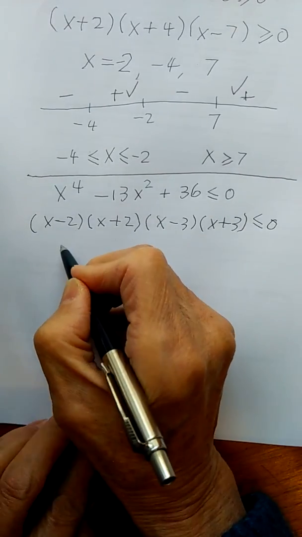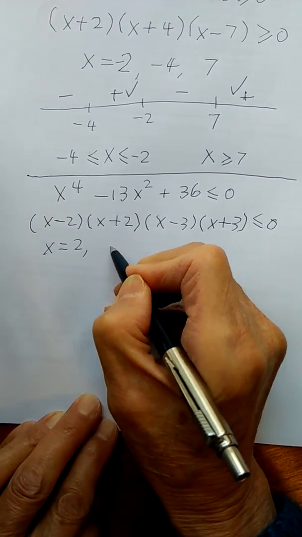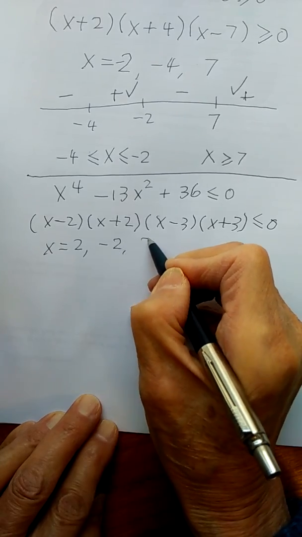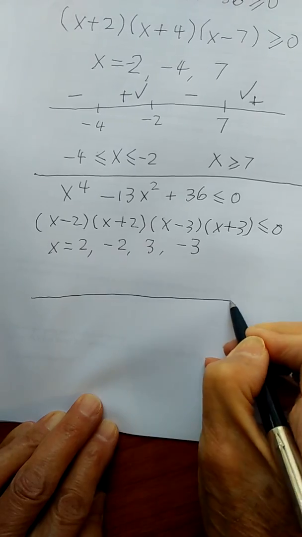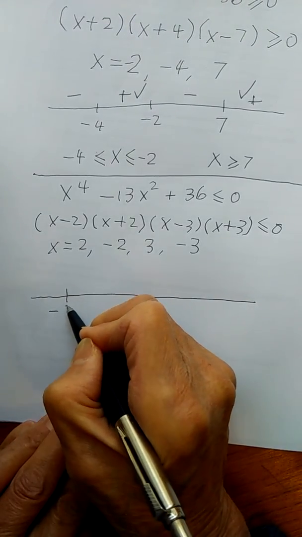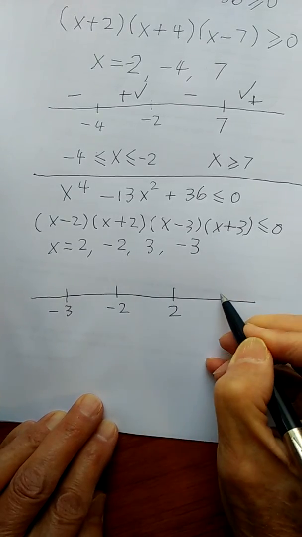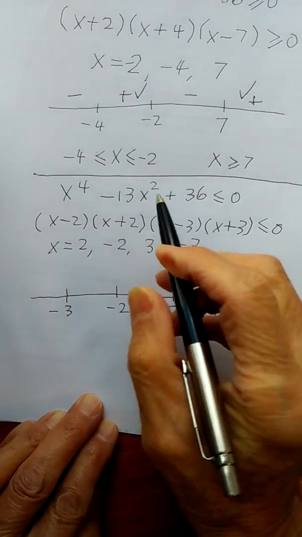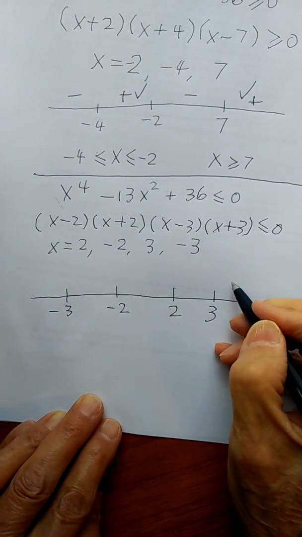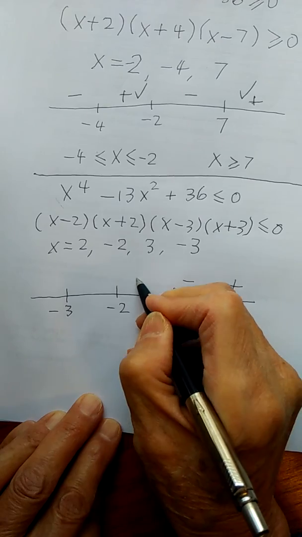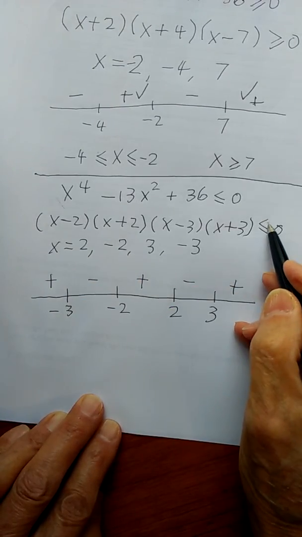All right, then the x-intercepts are 2, -2, 3, -3. So number line: -3, -2, 2, 3. The highest power term is positive. Start with positive, negative, positive, negative, positive. I want negative.